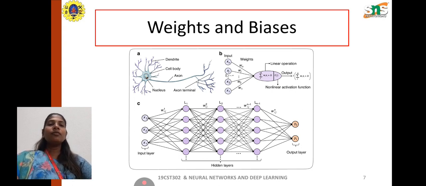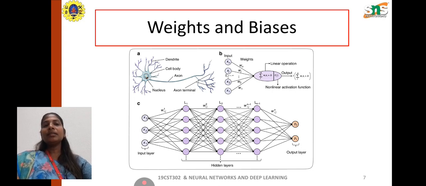If you look at diagram B, which is the neural network diagram, it consists of n number of inputs, with values starting from x1, x2 up to xn. Then there are the respective weights for each and every input, called w1, w2 up to wn. Here we have to sum the values.